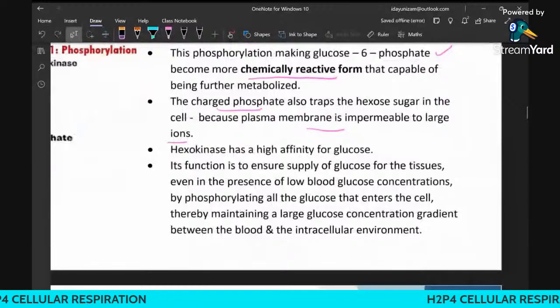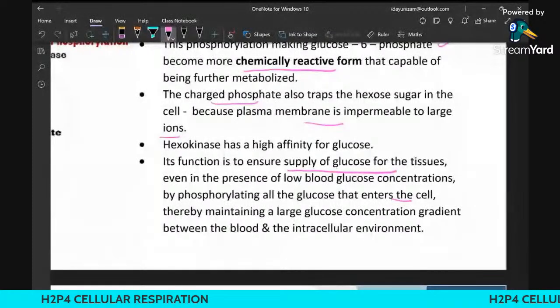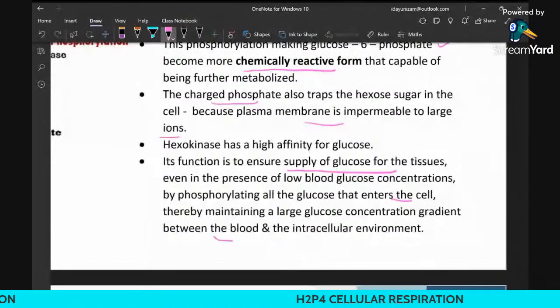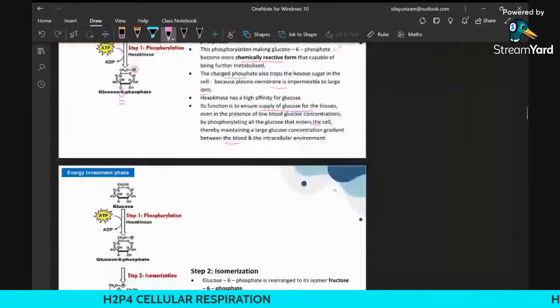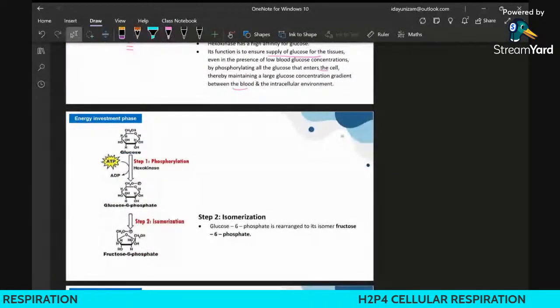This ensures glucose from the tissue is trapped, maintaining a large glucose concentration in the blood in order to supply the energy requirement of the cell. So far can you follow me, class? Please respond in the meeting chat.